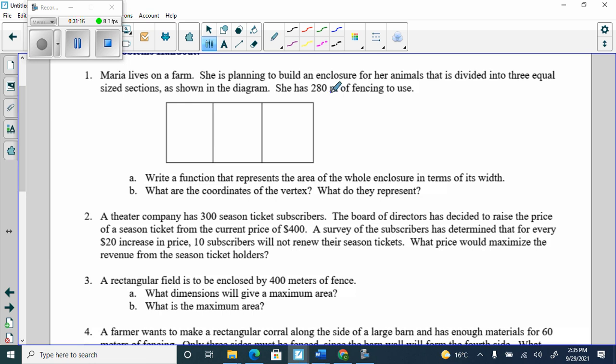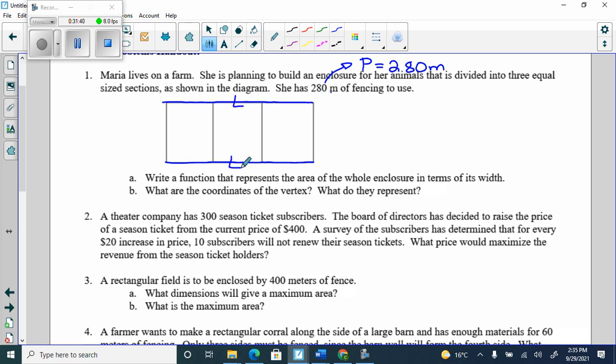So what did I give you? In meters, so I give you the perimeter. So I need to come up with the perimeter equation for this one. This is what you need to know. A lot of people think these are the lengths and then there's a whole bunch of widths. That's not it. This whole side here and this whole side here are lengths.